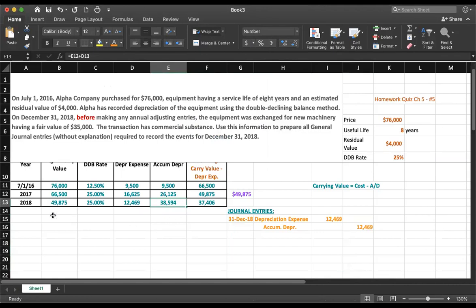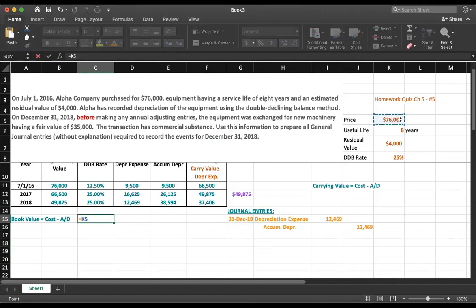Okay, so now the first thing we need to do is figure out the book value. To recall, book value is equal to cost minus the accumulated depreciation. So in this case, the book value is going to be equal to the cost.